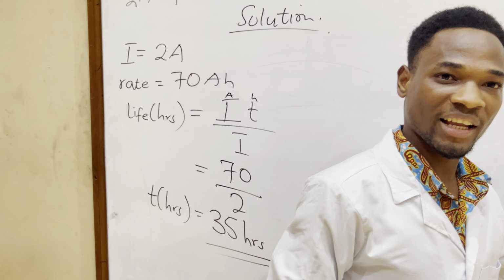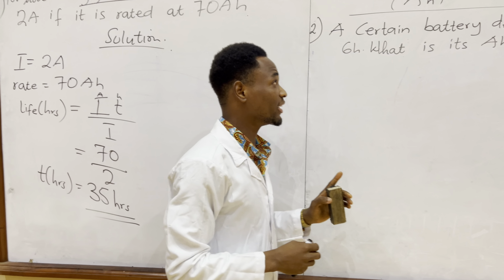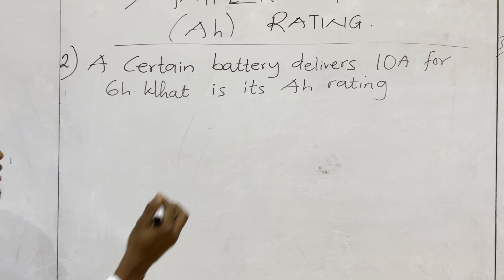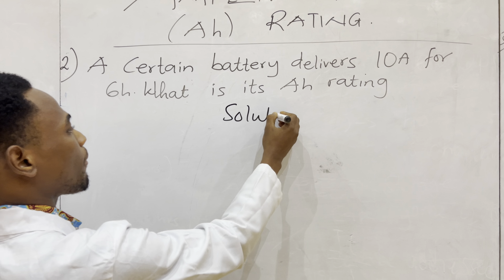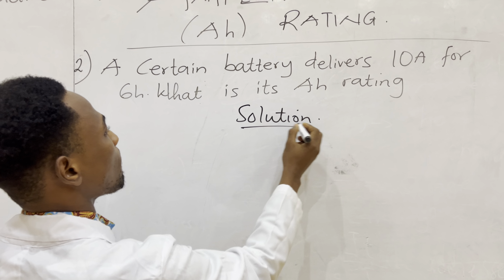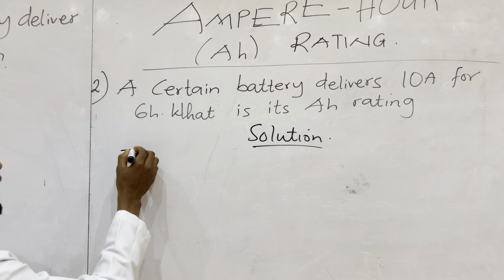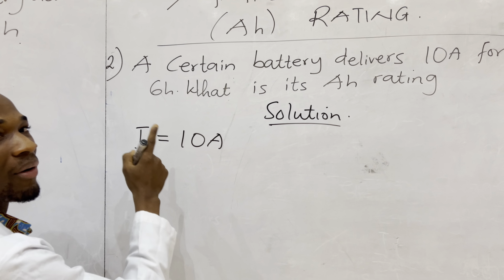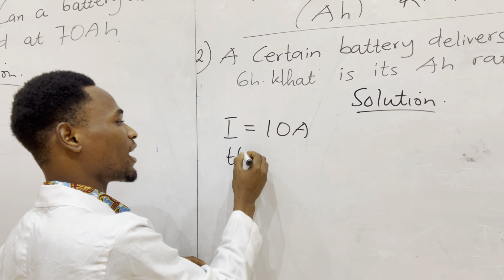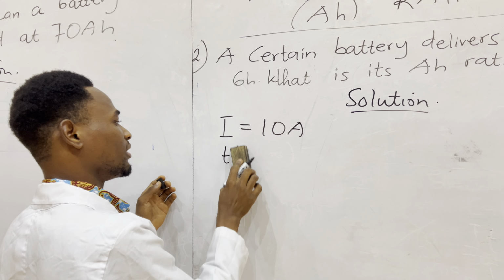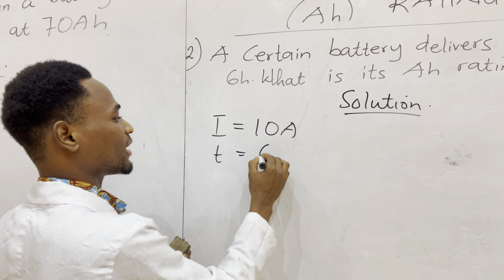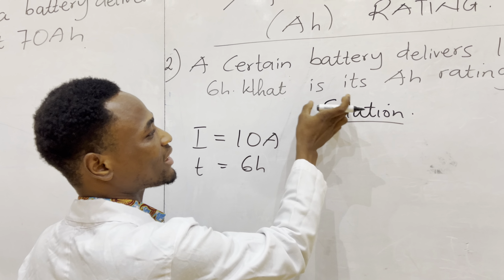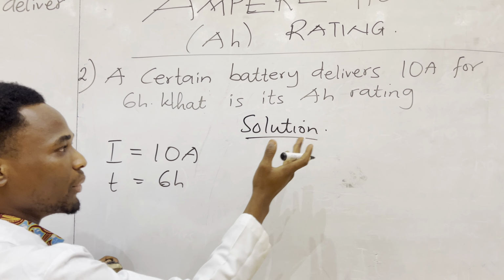Let's visit the next question, which reads, a certain battery delivers 10 ampere, which is the current, my I, for 6 hours. This time around we are given the time, my 6 hours, and we are supposed to calculate its ampere hour rating.